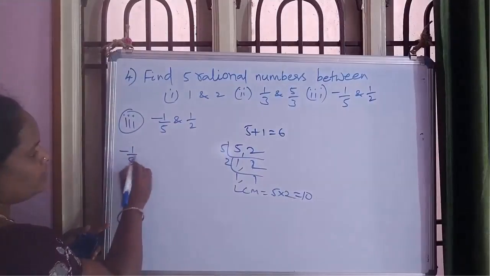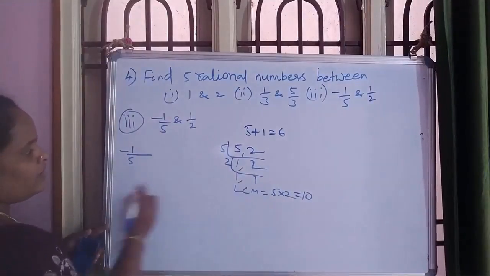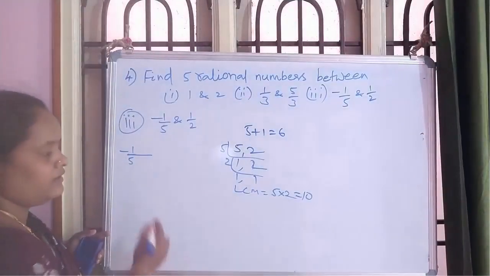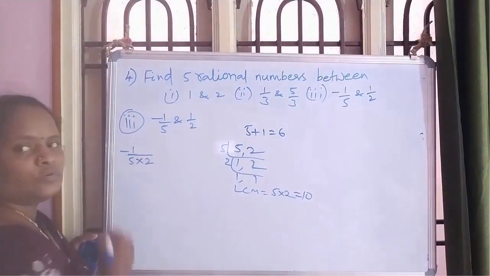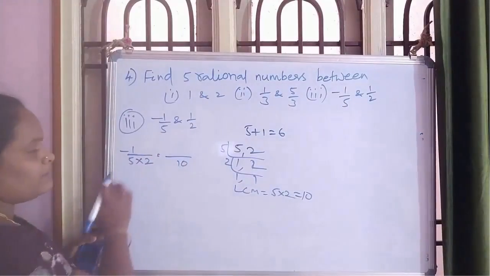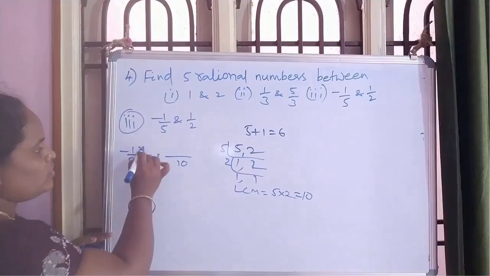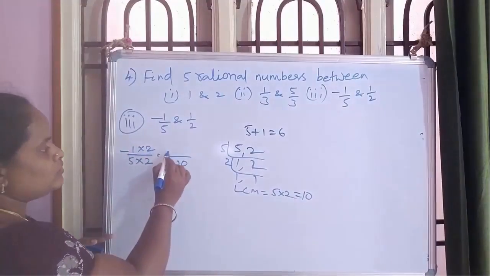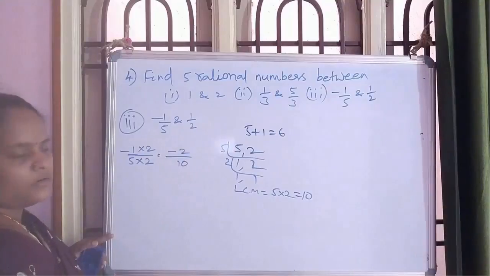So minus 1 by 5, to get the denominator 10, here 5 is there, with which number if I multiply I get 10? If I multiply with 2, 5 2s are 10, but minus 1 by 5 should not change. So in the numerator also with the same number I have to multiply. So minus 1 into 2, that is minus 2 in the numerator.